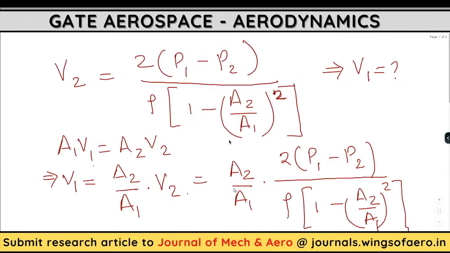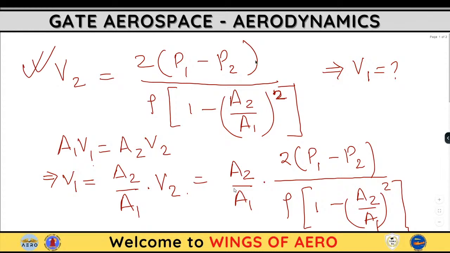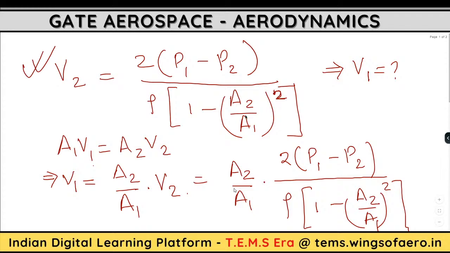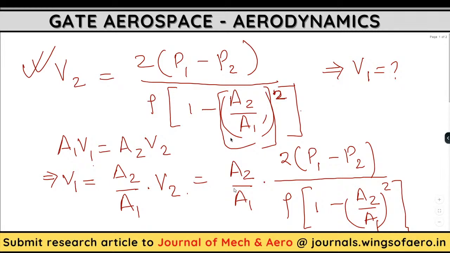So I will request all of you to remember this equation: V2 equals twice of (P1 minus P2) by rho, into 1 minus of A2 by A1 whole square. Only this one is squared. Close the bracket. So once you know this V2, you can derive the V1.